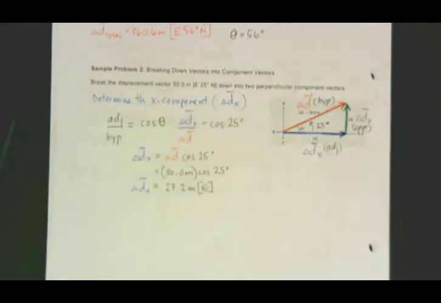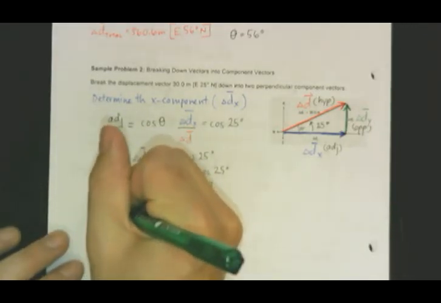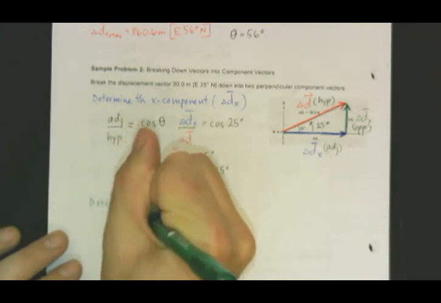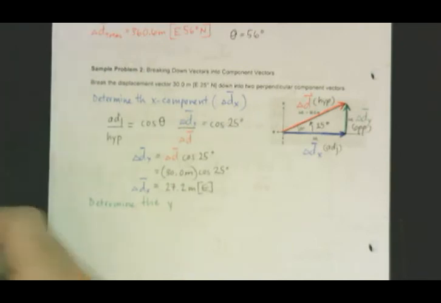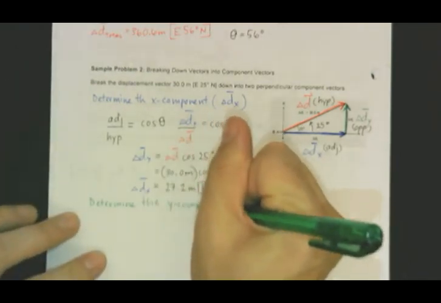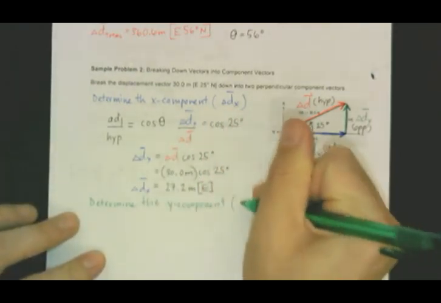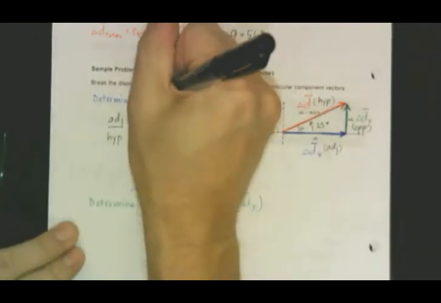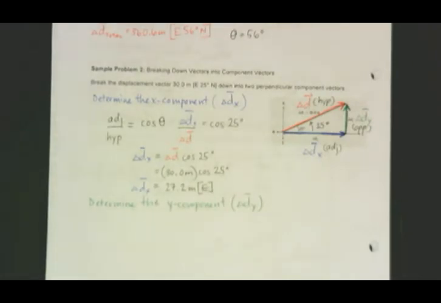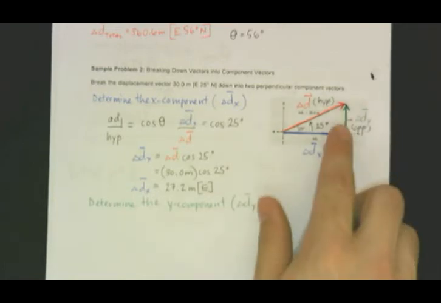Okay, let's set out to determine the y component. Once you've done a couple of these, it'll become really quick to do. So this is the green. Determine the y component, which we will label delta dy. When we're looking at the y component, this green arrow is the opposite in this triangle.